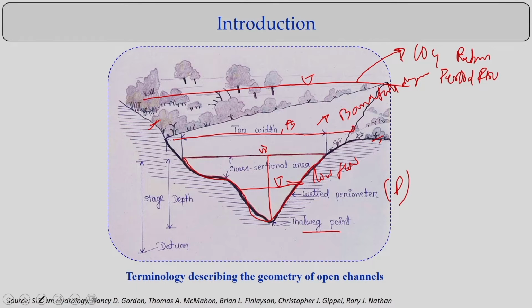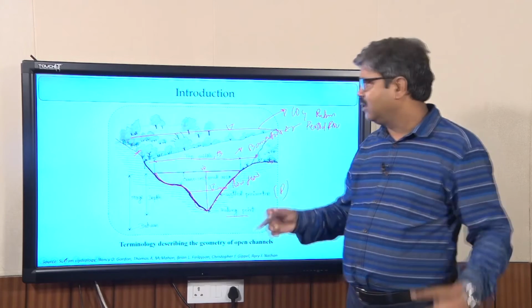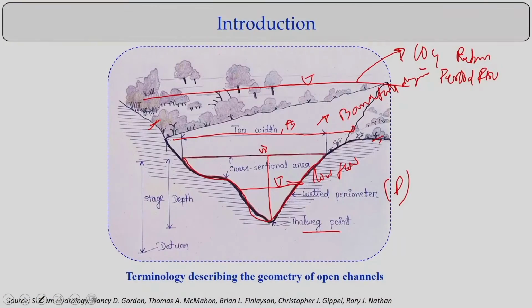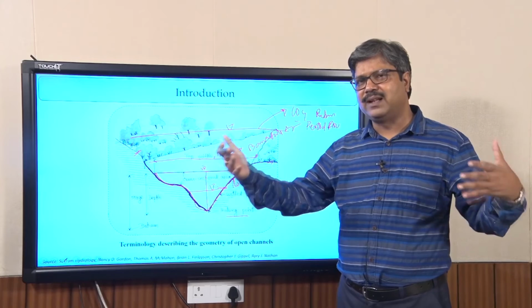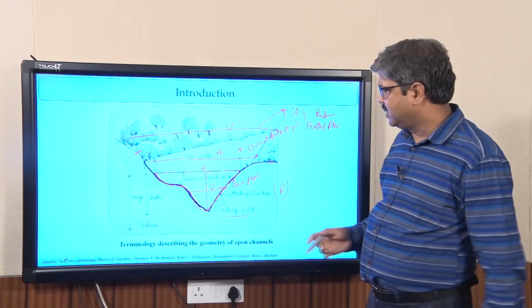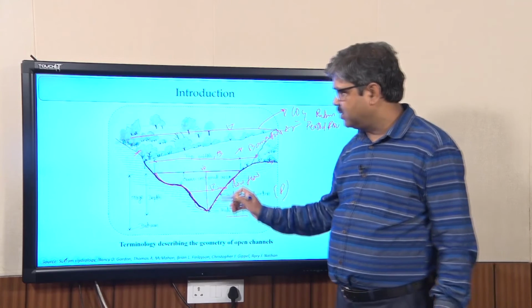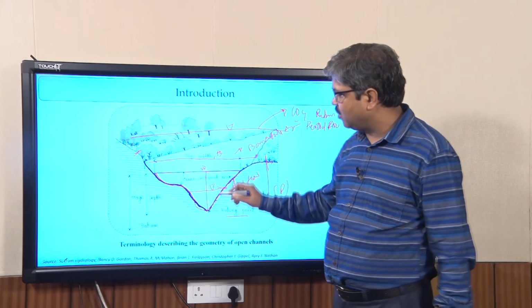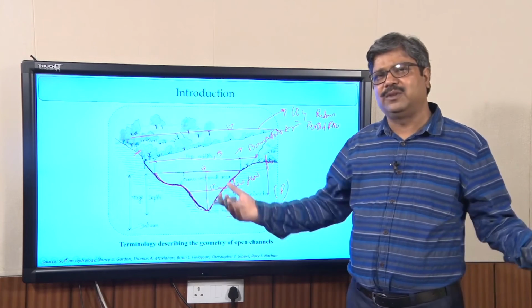As the flow varies from the bankfull discharge to the 10-year return period flood, it also occupies space in the floodplain as well as in the river. And as you go to low flow, the flow is confined within the channel. So the flow variations are there from low flow to the 10-year or 100-year return period flood.